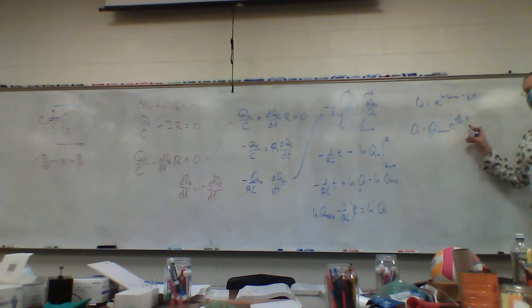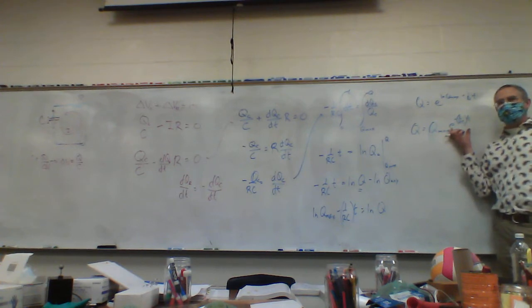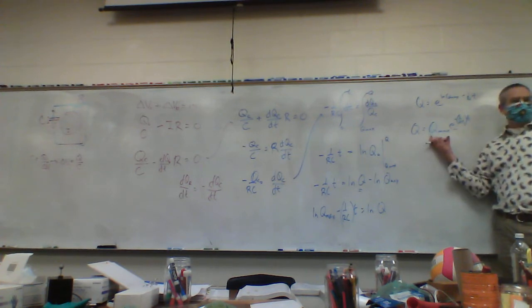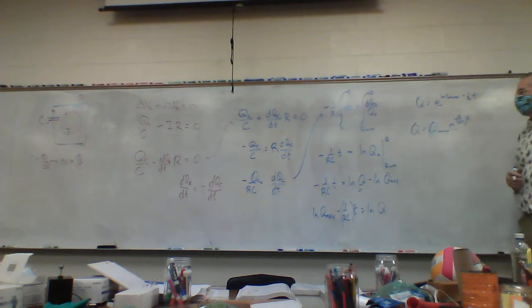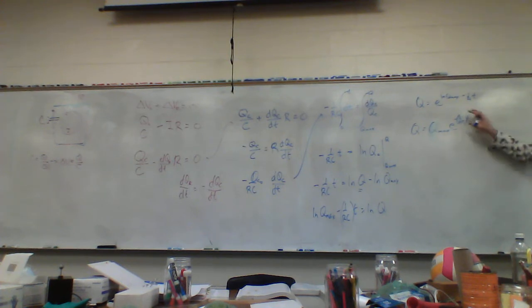So when time is 0, we can double check ourselves. When time is 0, this whole term here equals 1. And so my charge is equal to the maximum charge. It's whatever I started with on the capacitor. So that makes sense. As time goes to infinity, I have e to the negative infinity, so this whole term becomes incredibly tiny. And so the charge on the capacitor becomes incredibly tiny.